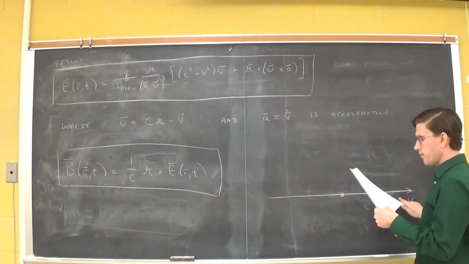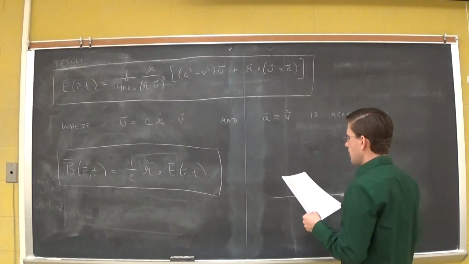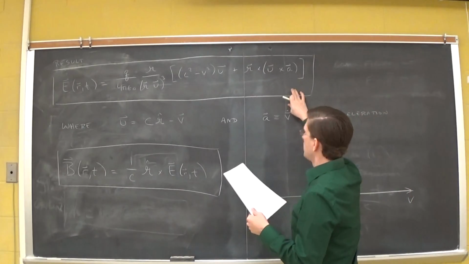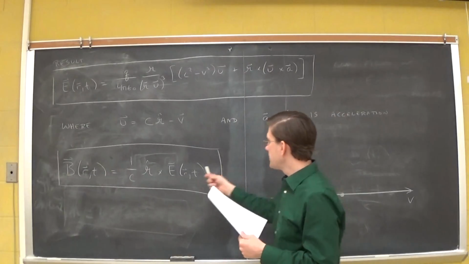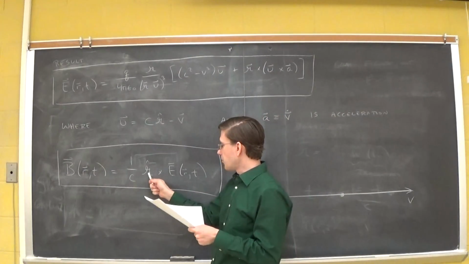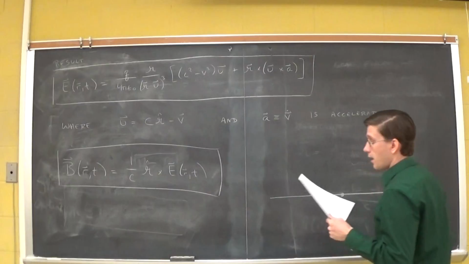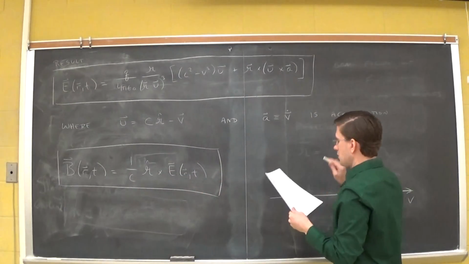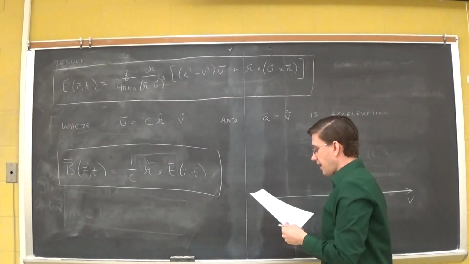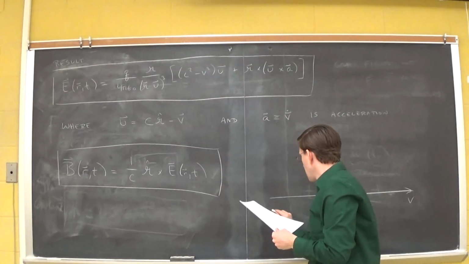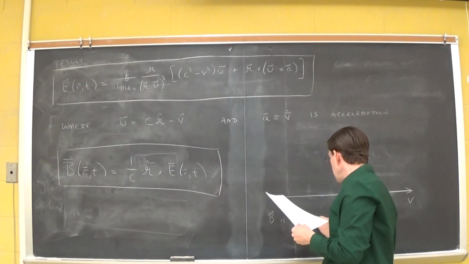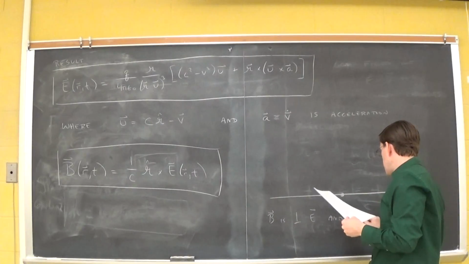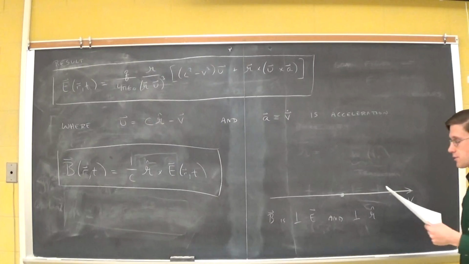What we found for these fields is that the E field is perpendicular to the B field, which is also perpendicular to the vector direction curly R hat. So I'll write down here that B is perpendicular to E, and it's perpendicular to the vector curly R hat.